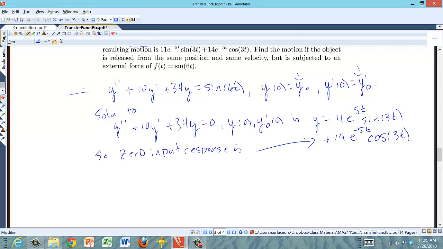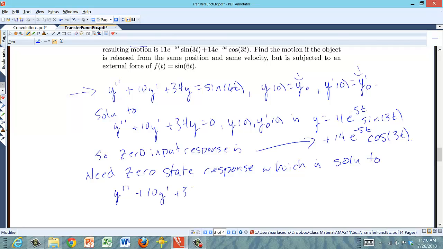If I want to find the solution to the original problem and I have the zero input response, all I need is the zero state response, which is the solution to the exact same ODE but with zero initial conditions. So that's y double prime plus 10y prime plus 34y equals sine 6t. So you include the forcing term and you kill the initial conditions.